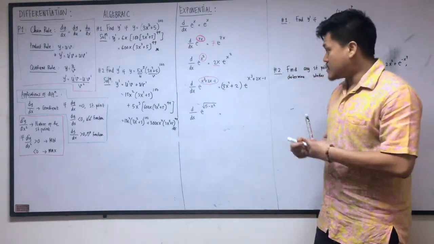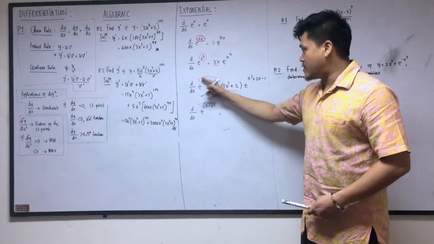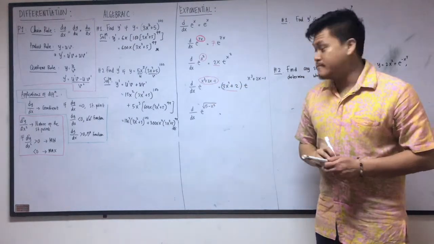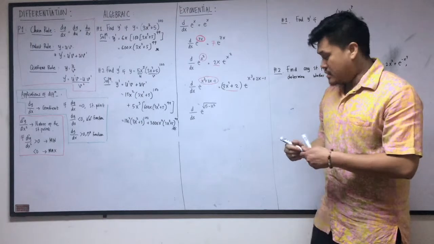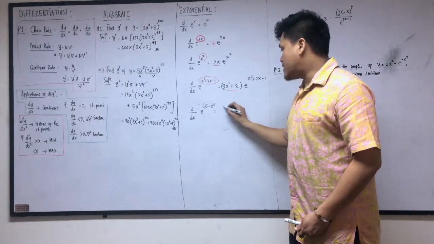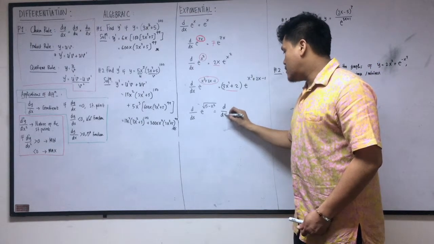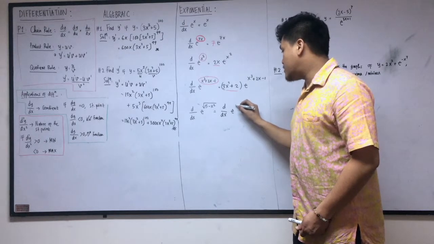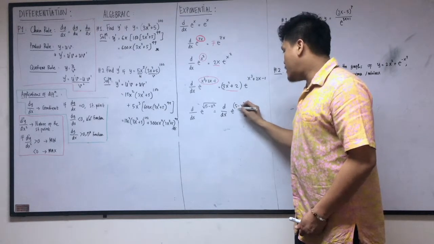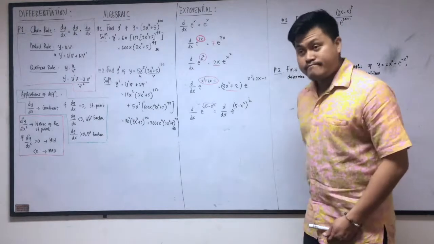This comes from the derivative of x cubed plus 2x minus 1. Last but not least, this is the same as, yeah, if you're comfortable with this format, go ahead.